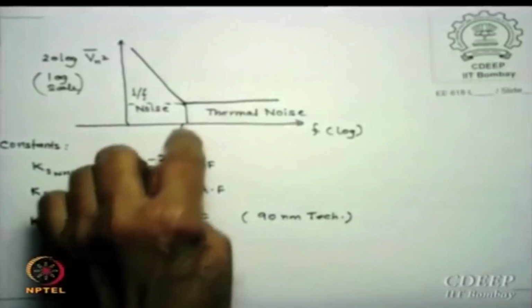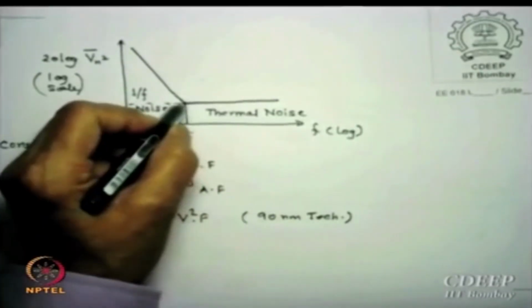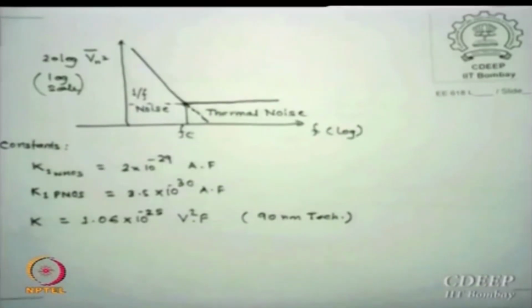Above the value where the 1 upon f noise has the same value as thermal noise, the 1 upon f noise will continue to decrease, and therefore thermal noise will start dominating beyond this point, called the corner frequency of noise, Fc. From that frequency onward, thermal noise will dominate.